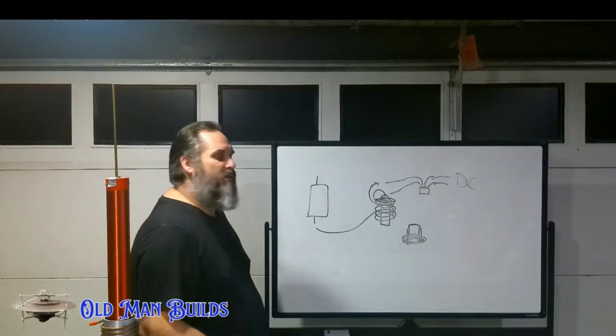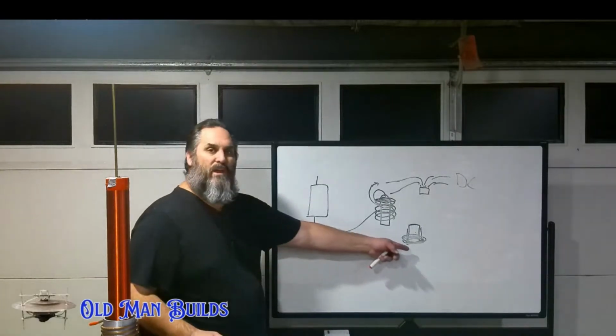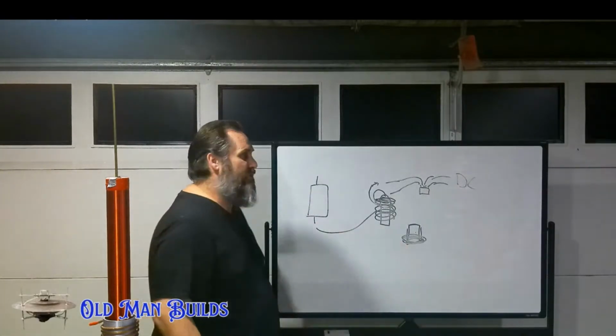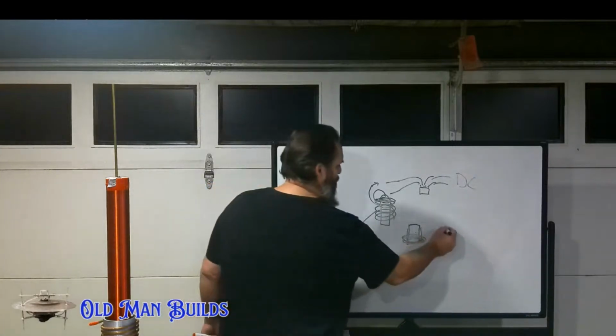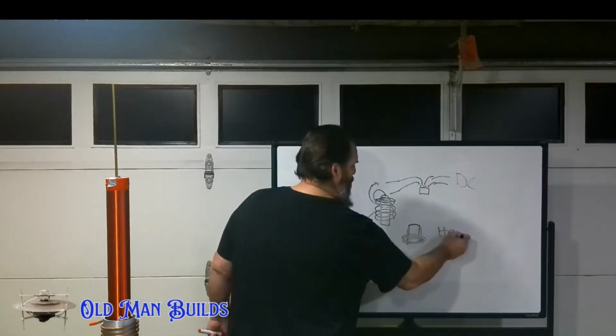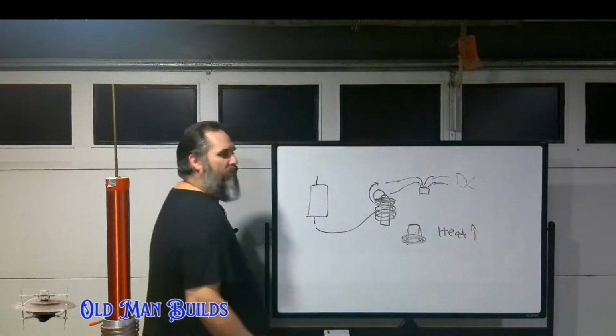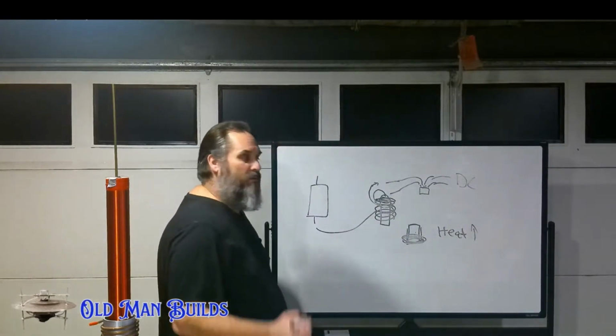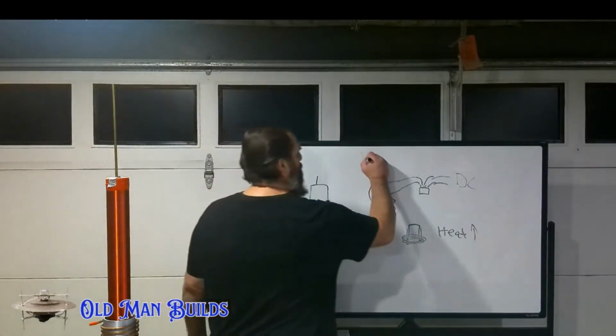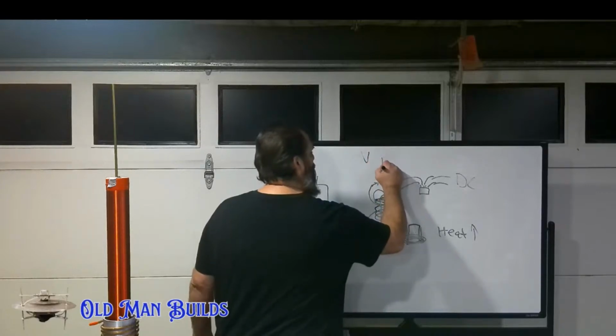What's going to happen anytime you put windings around an aluminum can that has eddy current in it? It's going to heat up. The heat will go up. When the heat goes up, the volts go down.